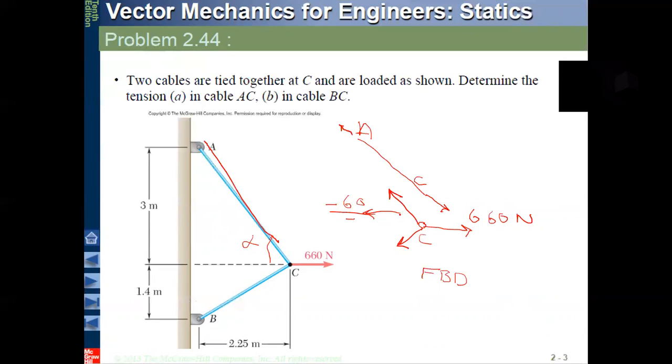When you have cables, try to show the forces in the tension case, and at the end you can check: if you get a positive magnitude, then your calculations were right.